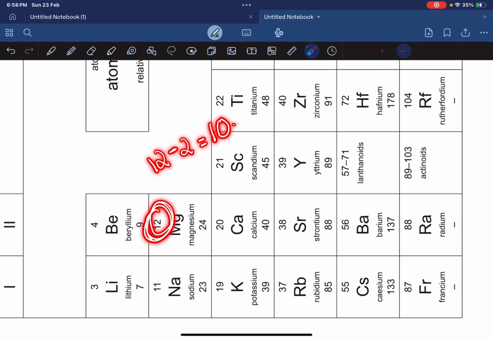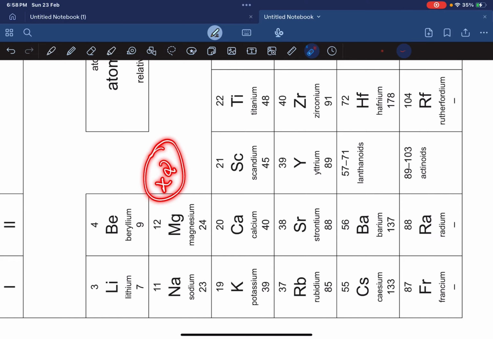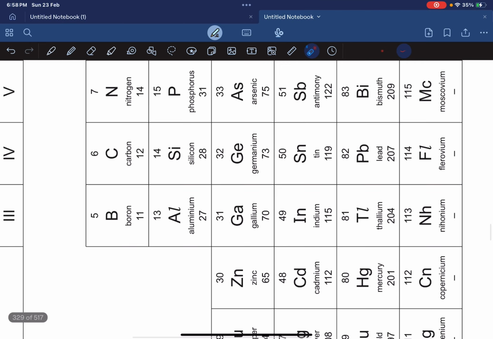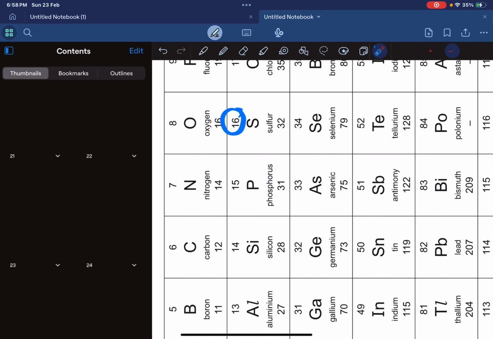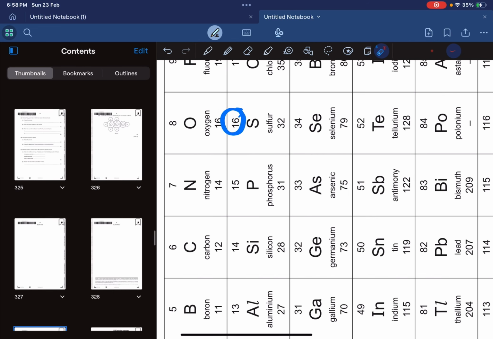It is going to have 10 electrons because a charge of plus 2 means it lost 2 electrons. For magnesium, I'm going to draw 10. Sulfur is 16. I'm going to add 2 electrons because it had a charge of 2 negative, so it's going to be 18.